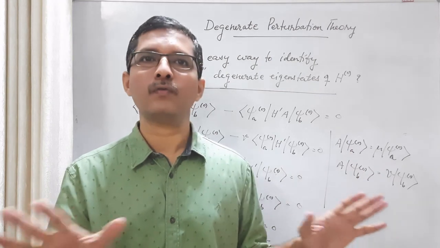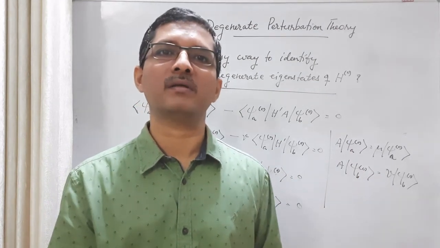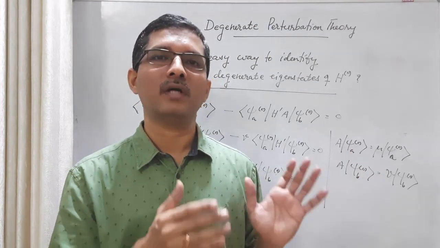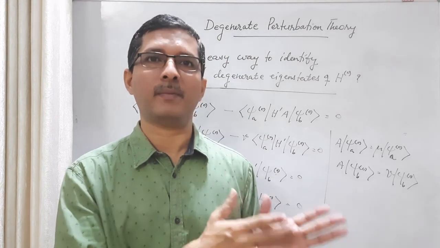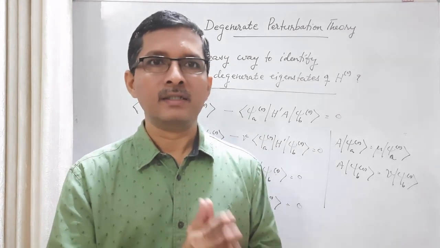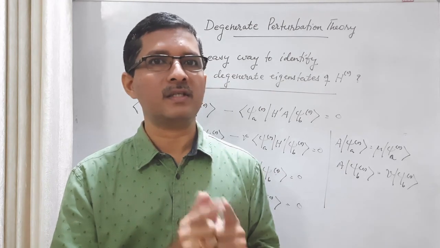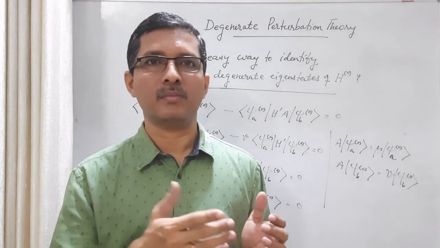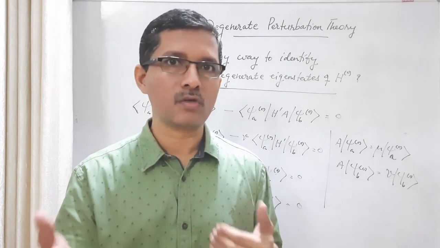You have to look around for some Hermitian operator that commutes with both H0, the unperturbed Hamiltonian, and H prime, the perturbing Hamiltonian. The second condition is that the degenerate eigenstates of the unperturbed Hamiltonian must be non-degenerate eigenstates of this operator.